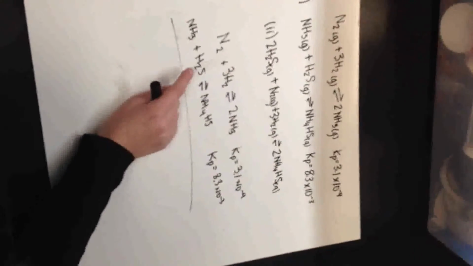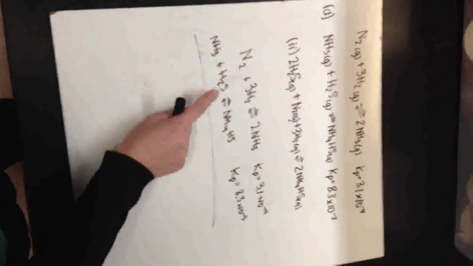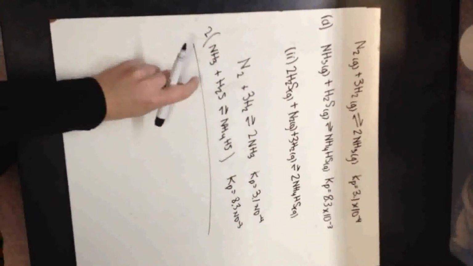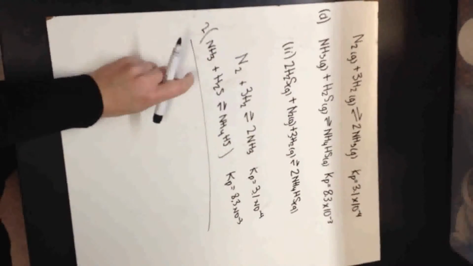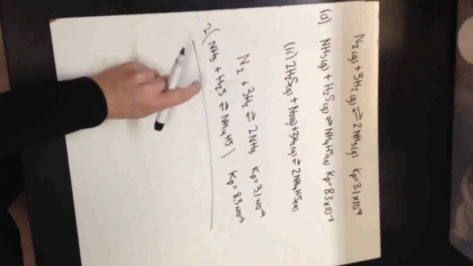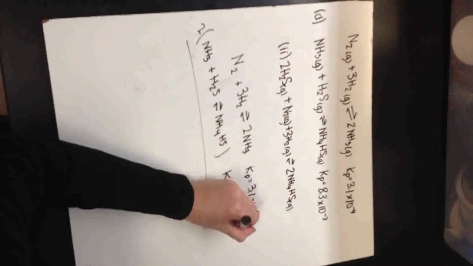But if you notice here the 2H2S and the 2NH4HS, which means that everything here is going to be multiplied by 2. And if a reaction has been multiplied by a number, the equilibrium constant is raised to that power, which means that this would be squared.